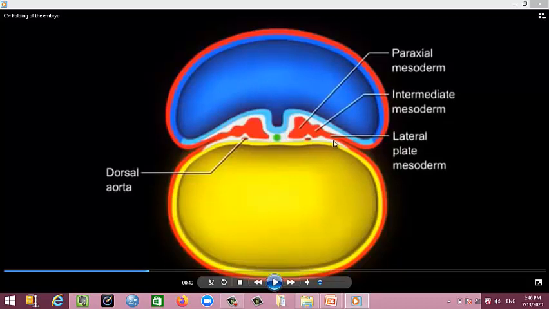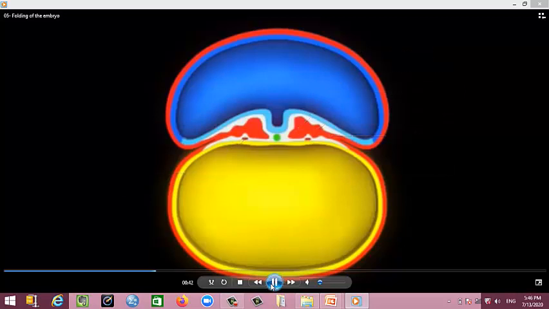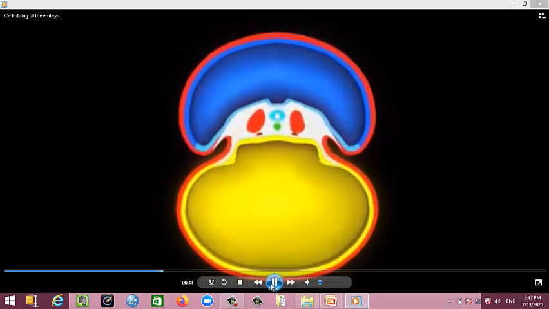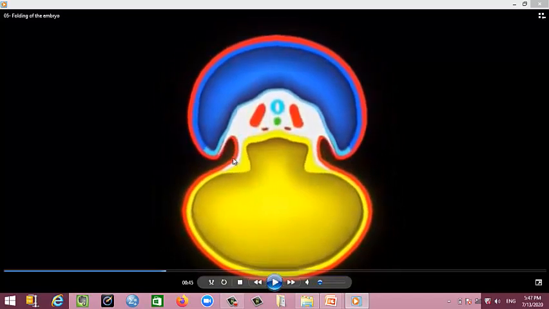See the lateral plate mesoderm here, how it's divided into two layers? Now, notice how the ends of the amnion are going to come closer and closer until they kind of crush the yolk sac. And at the same time, I want you to follow this cavity here.